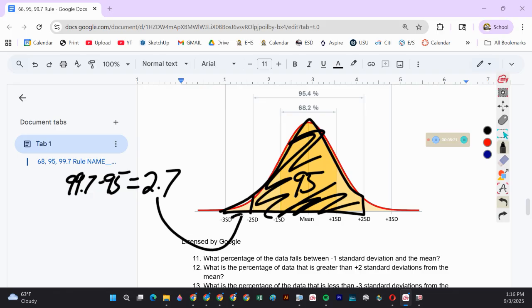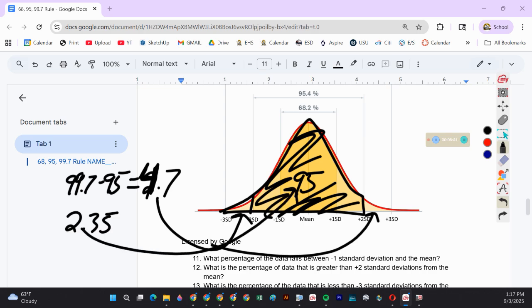And that is split evenly between this one and that one. So I cut 4.7 in half, 2.35. And what do I do with the 2.35? Add it to 95. Does everybody understand that?